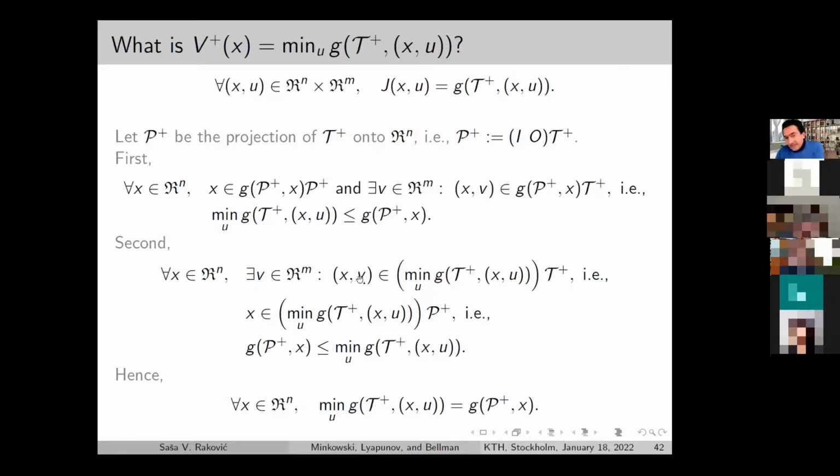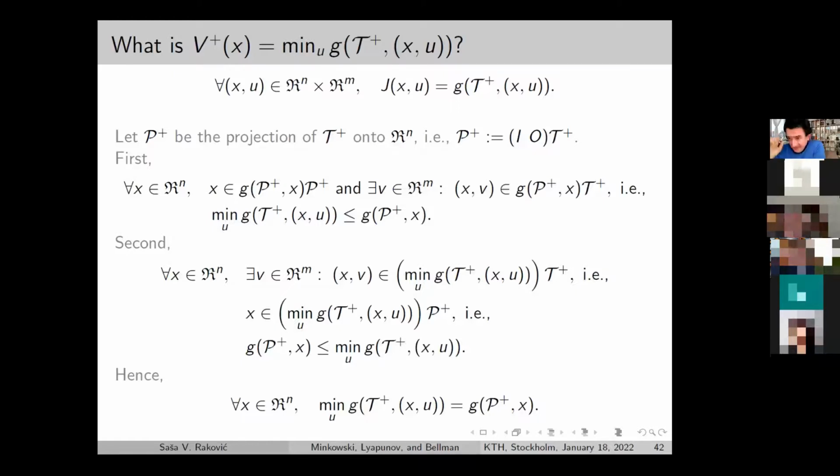So that means, because P plus is a projection, that g of P plus at x is less or equal than the minimum over u of g of T plus of x,u. Now, you have this inequality and you have that inequality, which gives you equality. So there is an equality, and what it says is that essentially the space of Minkowski functions is also closed under parametric minimization. Okay, that's an interesting fact.